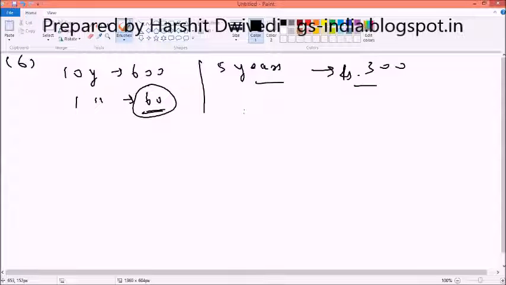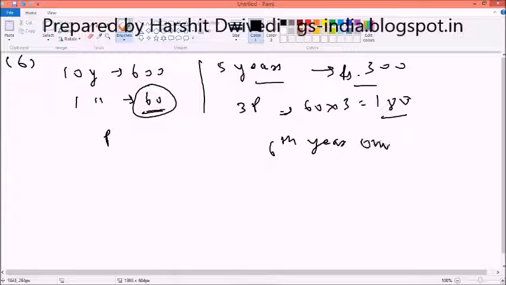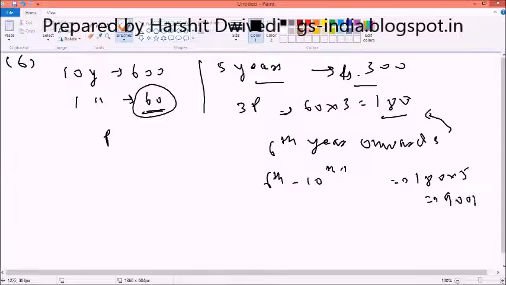So after 5 years, the principal has been tripled. The principal has become 3P. So obviously, the interest will become 60 into 3, 180. So that is after 5 years. From 6th year onwards, my per year interest will be rupees 180. And from 6th year to 10th year, per year is 180. So 180 into 5 is 900 rupees.